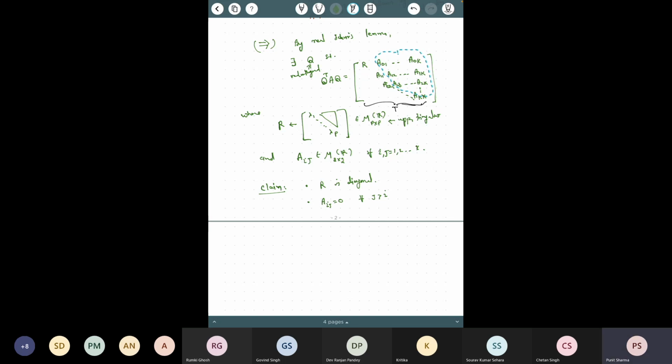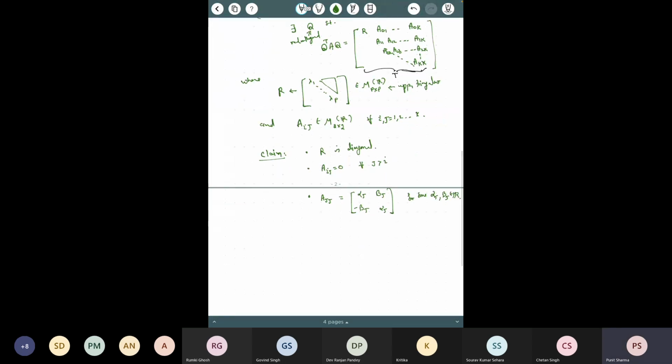And then the third thing, I will show that each of these Ajj blocks, that means these blocks, are of the form alpha j, beta j, minus beta j, alpha j for some alpha j and beta j.